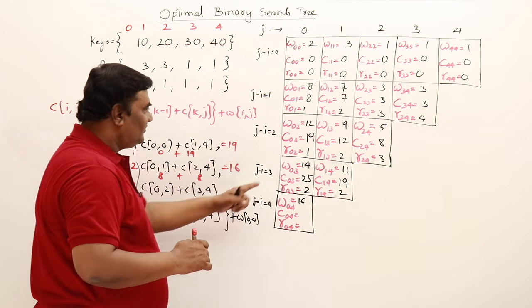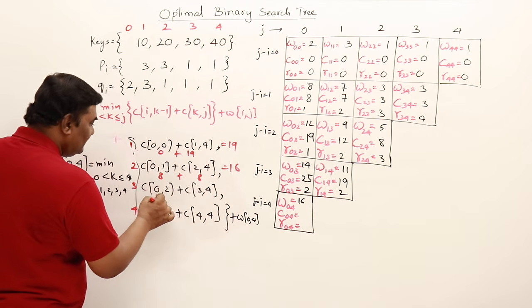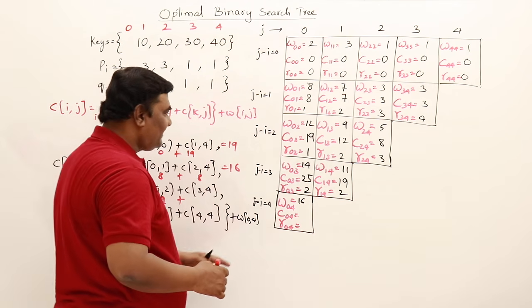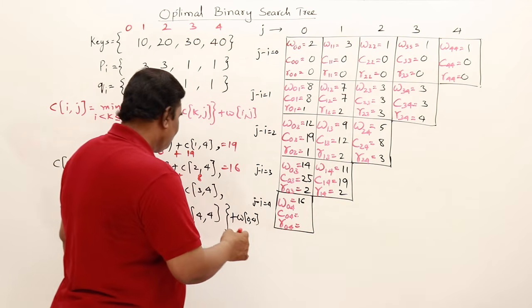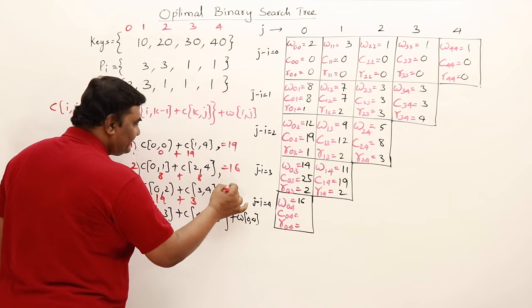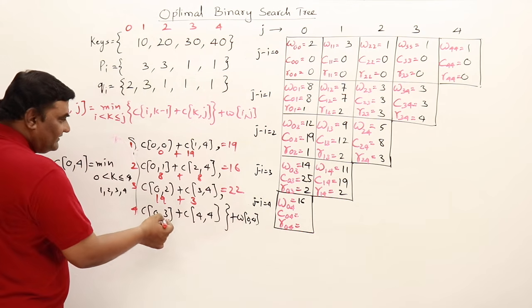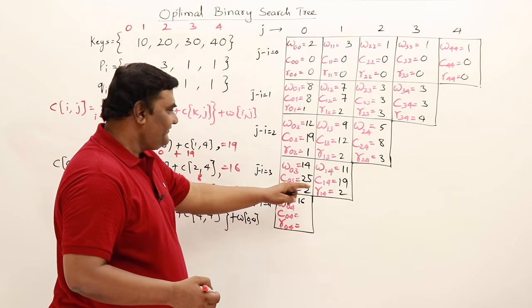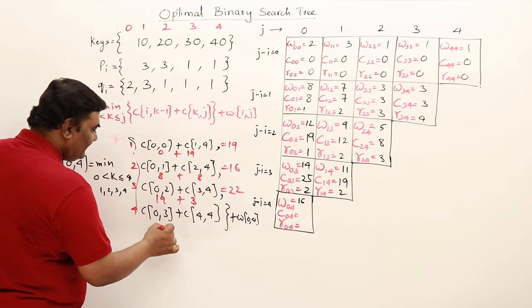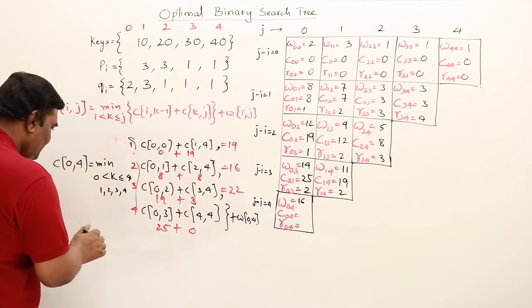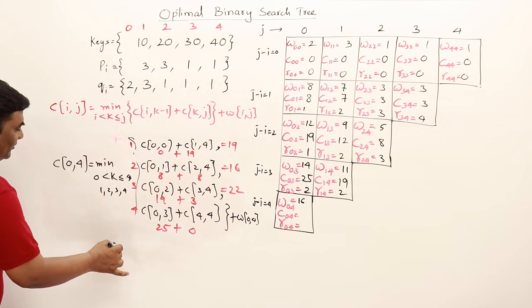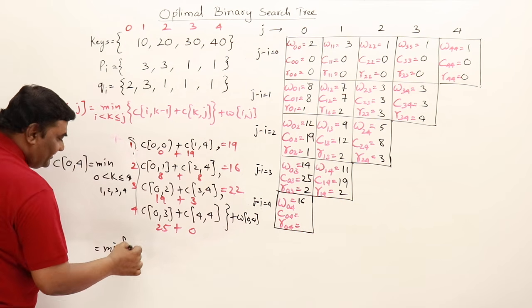C of 02 is 19 plus C of 34, C of 3 comma 4 is 3. So this is 22. Then C of 03 is 25 plus C of 44 is 0. This will be 25.